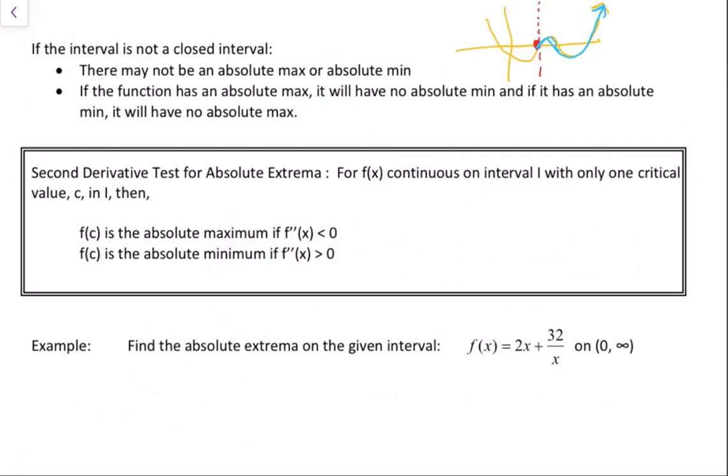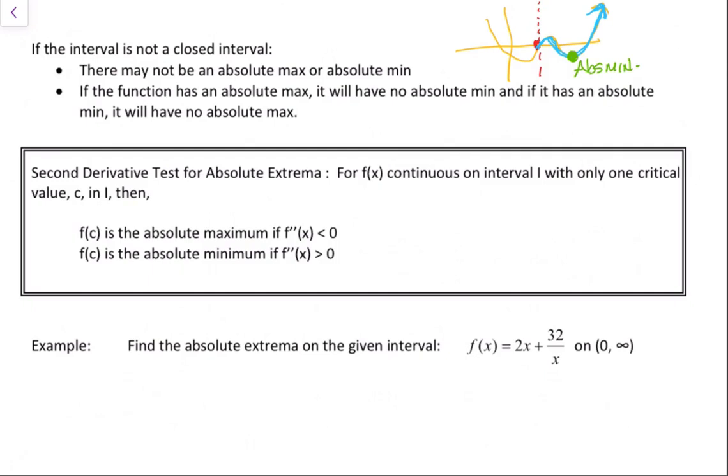So in this case, because that curve rises forever and ever, it's never going to have an absolute max just on that particular interval. But it would have an absolute min, and that absolute min would be this lowest point here. So that's why you're not going to have both, because in one direction the curve is either going to be climbing or it's going to be heading to a y value of -infinity.